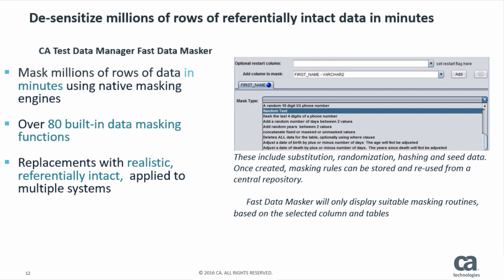And that can be done consistently across different databases on the mainframe, and indeed across different platforms where your applications link to other applications maybe not running on it. The design process is simply on a table or a file basis, on a field by field basis, where you can filter the fields based on the profiling that we did before, that will tell you whether it thinks there's a name or an address or a phone number, and how to apply an appropriate masking rule to that type of content.